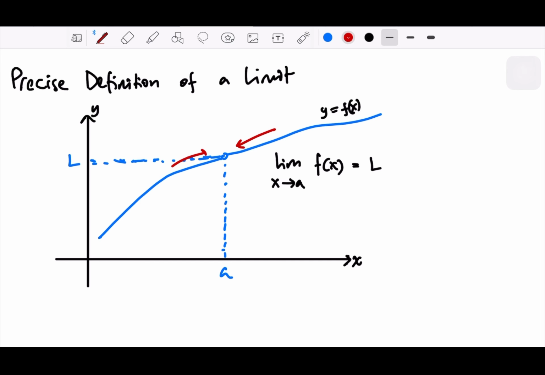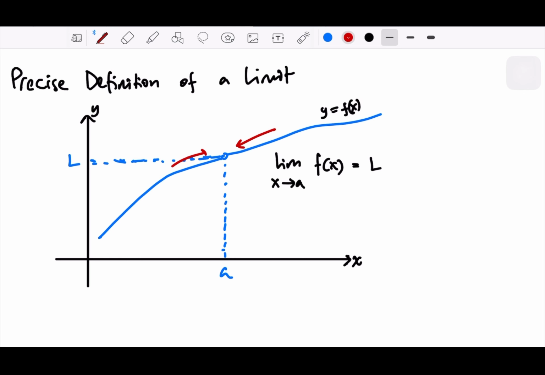Okay. Now the problem with this definition is there are still some confusing terms in the limit, because we are not really sure how close this x is to a. We just say that as x approaches a, how close are x and a? Now, to solve those problems, we invented a method or a proof using some small numbers, other symbols, that define how close to a.